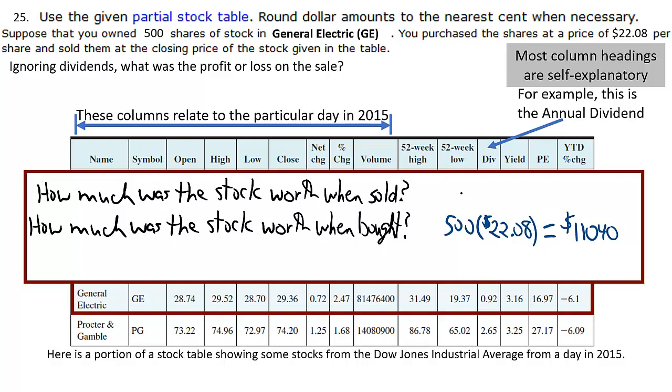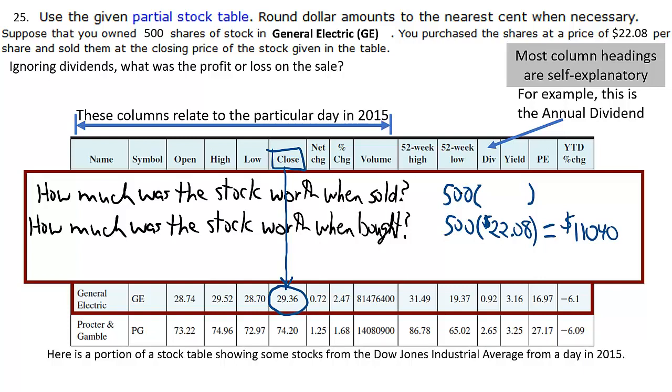But what about when it was sold? Well, you need to look at the table to see what the price per share was when it was sold. If you look at the chart, you already know there are 500 shares. What you need to know is how much the shares sold for, and that chart tells you when the market closed on that day in 2015, when the stock was sold, it sold for $29.36.